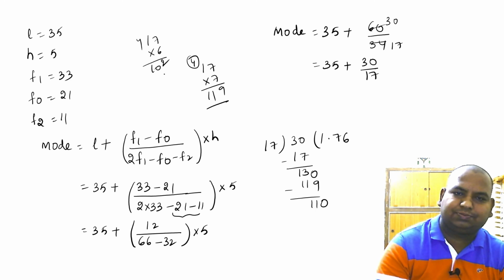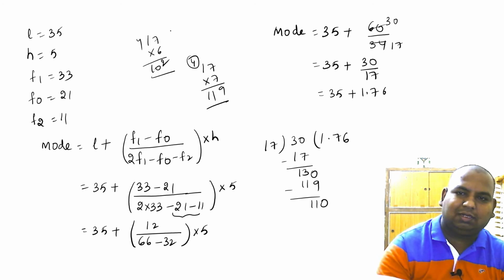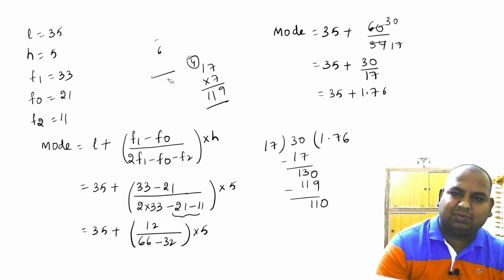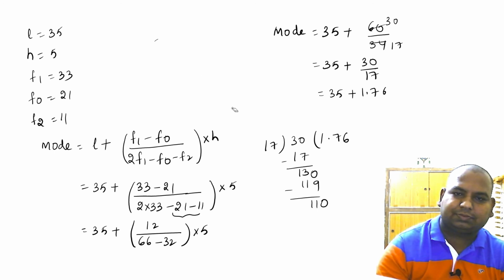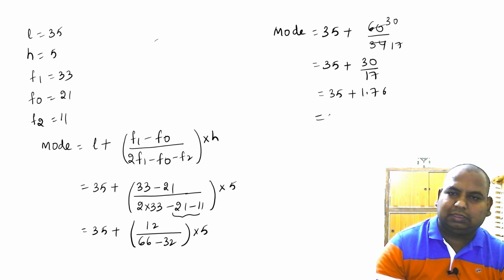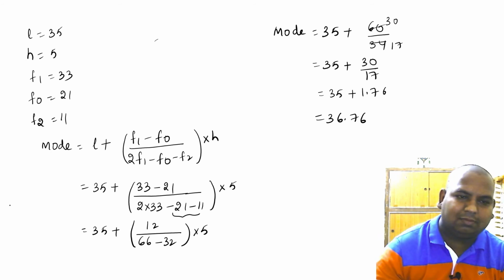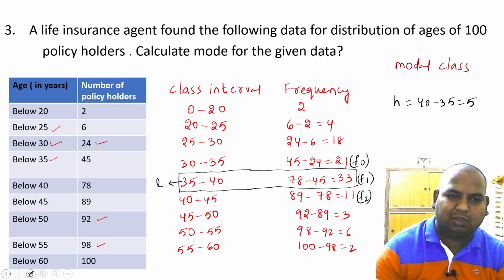Yes, 102. So 35 plus 1.76 will be equal to 36.76. This is the way of finding mode when the class intervals are not given.